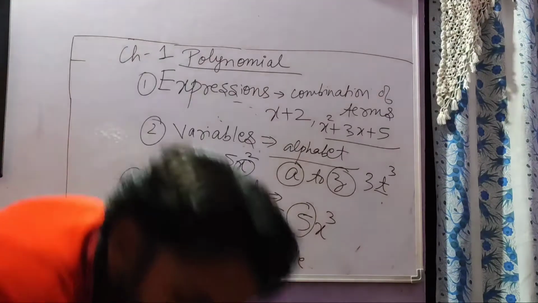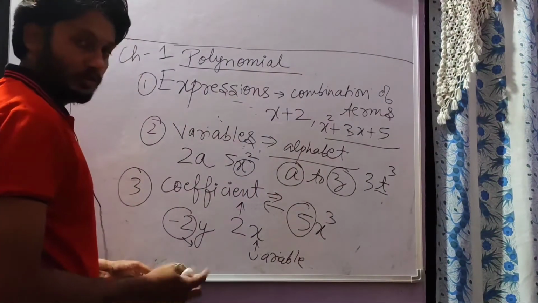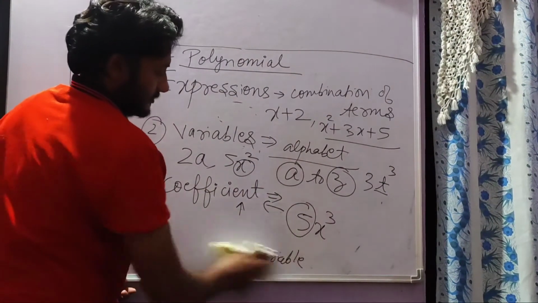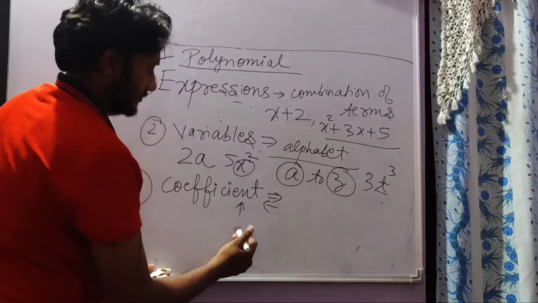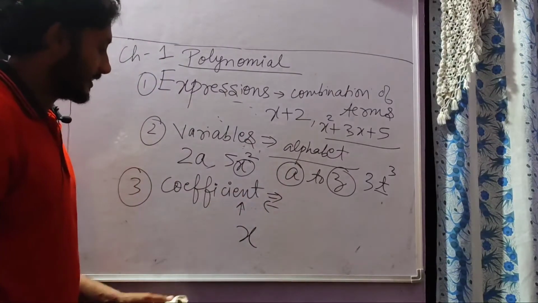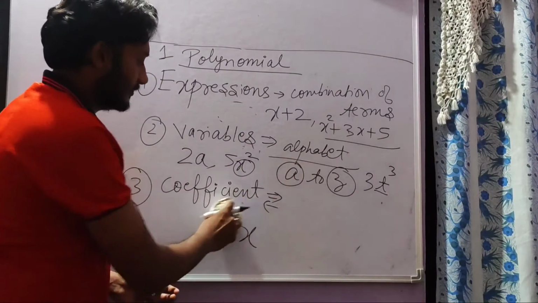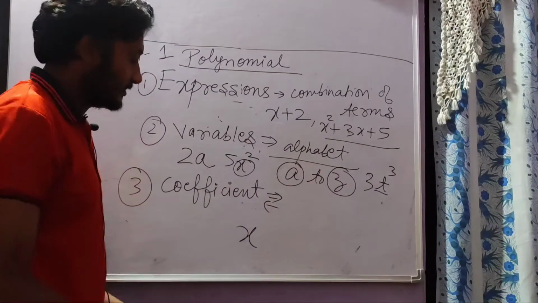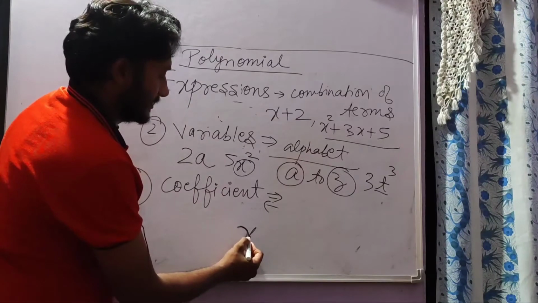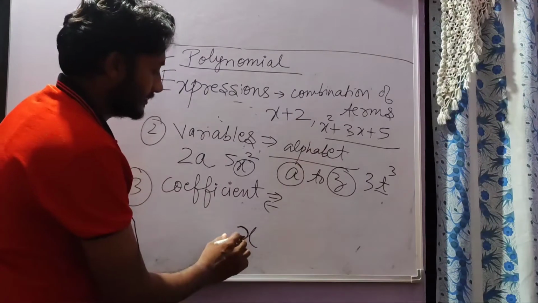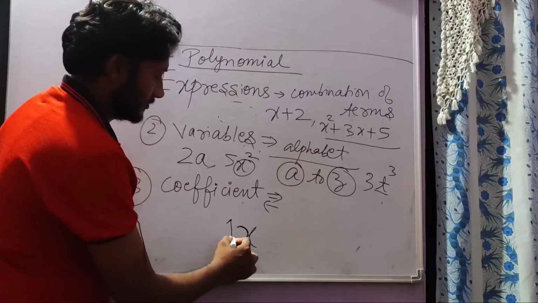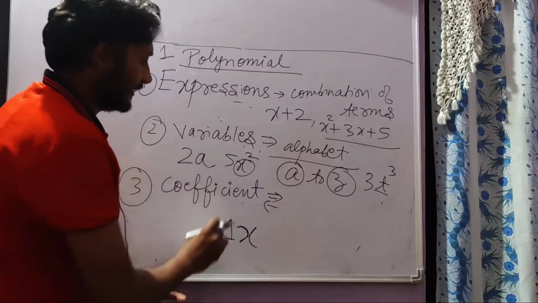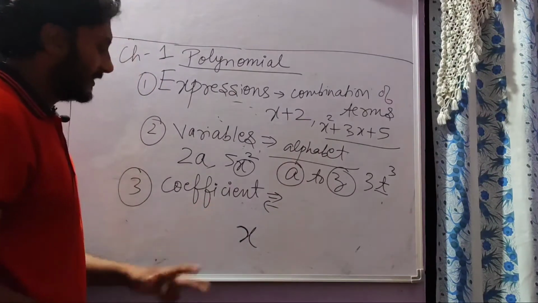Or sometimes, if you don't see any number, suppose x is a variable and no number is written with the x, so what will be the coefficient? If it is written as a single x, it is not a single x, it is always 1x. वी डोंट राइट, हम लोग वन यहाँ पे नहीं लिखते हैं, that is another thing.